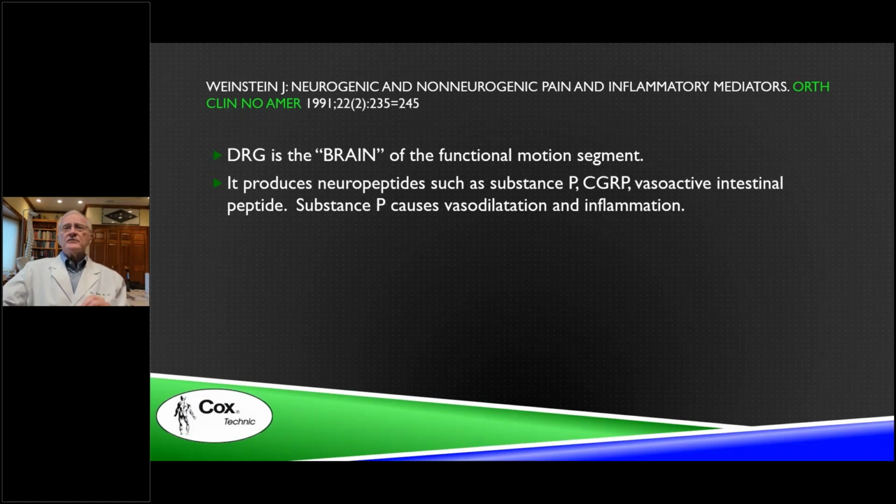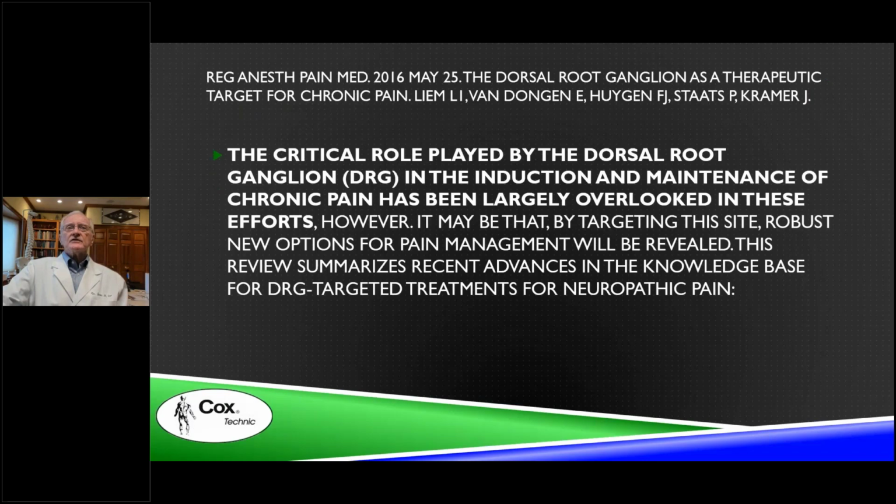But with chronic inflammation, sympathetic fibers will become predominant to these tissues, and we develop what? Ischemic hypoxia of the nerve. So the critical role of the DRG in the maintenance of chronic pain has been largely overlooked in the past, and that's what these papers are telling us.